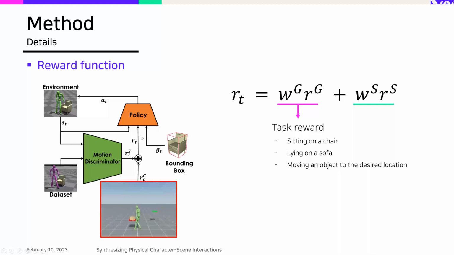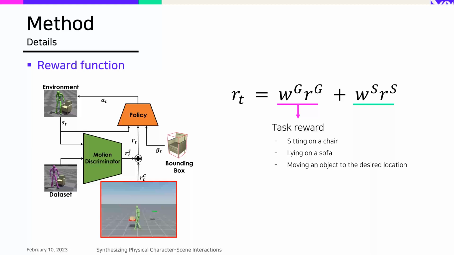Yeah, I kind of get the role of each component. The policy is making the decision, trained with reinforcement learning, to make the whole proper motion. And the motion discriminator has a role of making that motion plausible, similar to the data set.